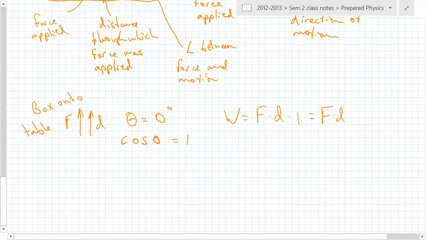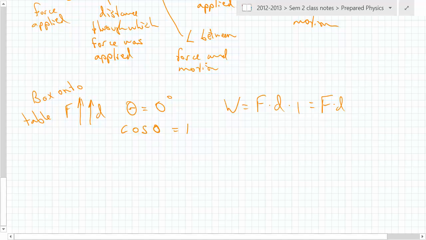The next case we'll look at is box across room. In that case, the force is upward, but the motion is sideways.